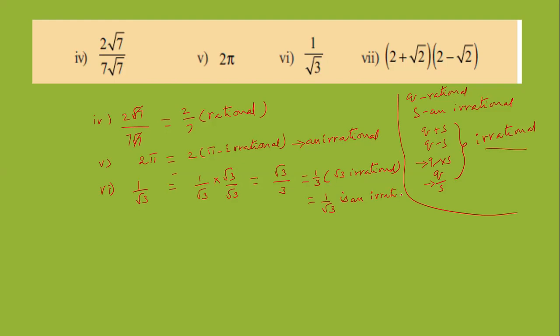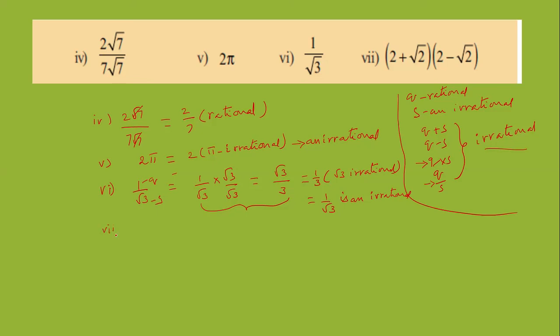You may write it directly without doing all this process. Here this is rational, this is an irrational. Rational by an irrational gives us an irrational. You may write it directly.